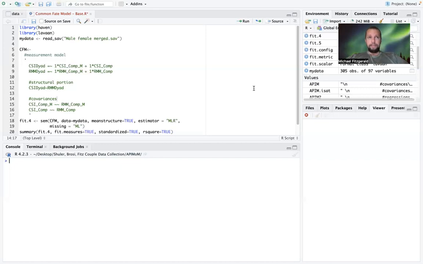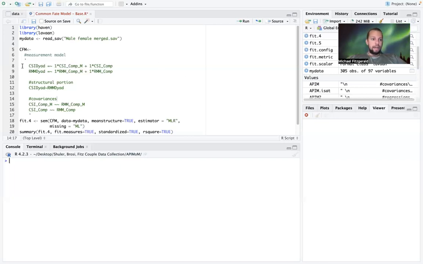It would be exceptionally rare that you would have low covariances between them. Otherwise, they wouldn't be in that relationship, right? So rather than that residual covariance that you'd see in the APIM, we actually want to model that non-independence using a latent variable.